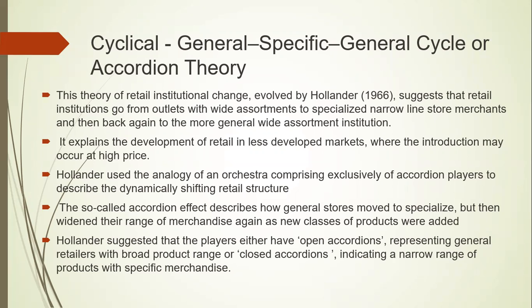Hollander used the analogy of an orchestra comprising exclusively of accordion players to describe the dynamically shifting retail structure. The so-called accordion effect describes how general stores move to specialized ones, but then widen their range of merchandise again as a new class of product is added to their retail stores. Hollander suggested that the players either have open accordions representing general retailers with broad product range, or closed accordions indicating a narrow range of products with specific merchandise.